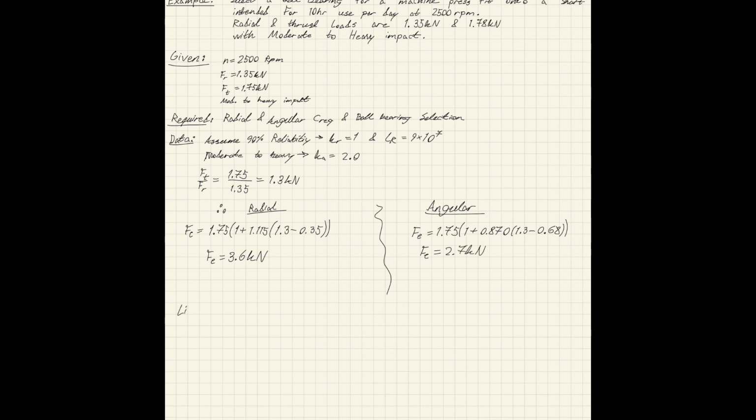We must also determine the lifetime. So let's take a conservative amount here, which will be 30,000 hours. From this, we can determine our L for our C required equations. So 30,000 hours times 2,500 RPM times 60 minutes per hour. That's to get rid of the minutes and hours here. We are left with 4.5 times 10 to the 9 cycles.